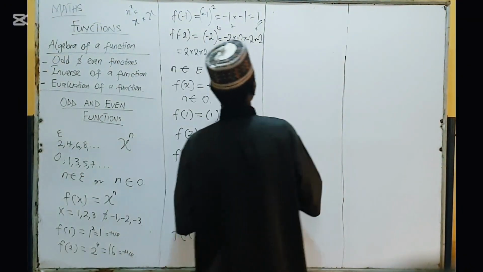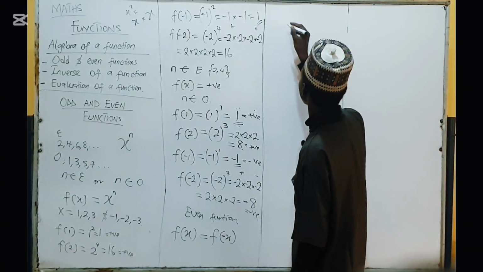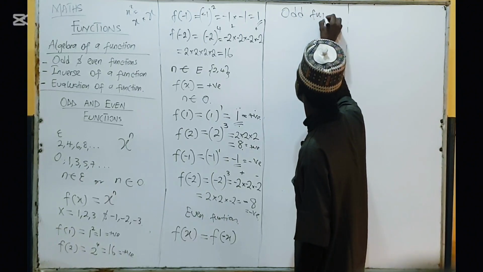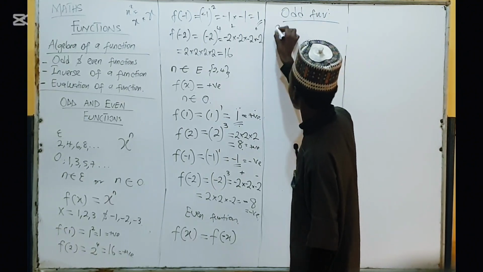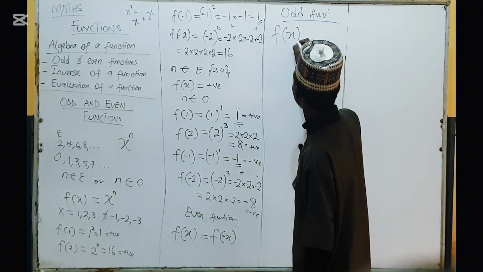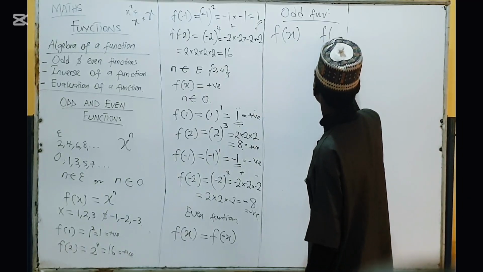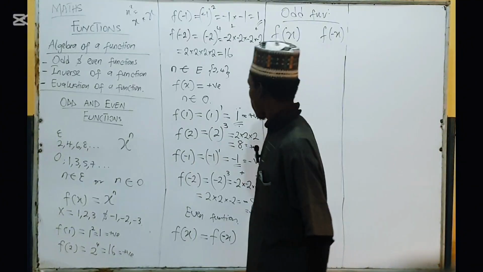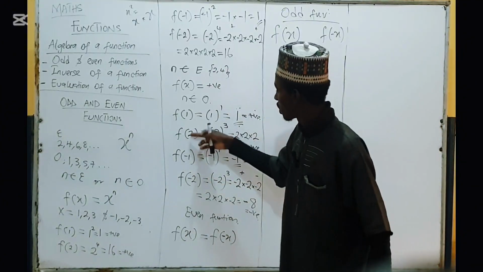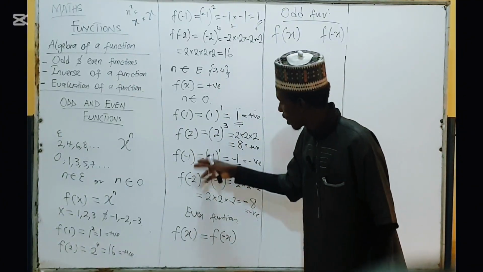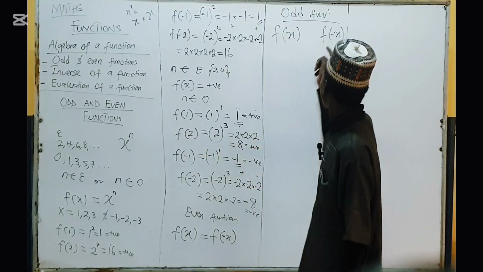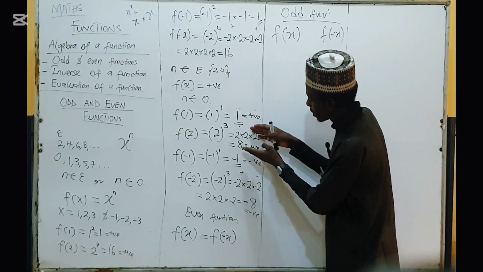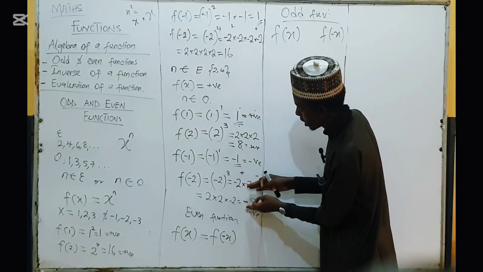Now for the odd functions, what did we observe? Odd functions, what happens for odd functions? When we put f of x and f of minus x, there is of course a relationship between them. For example, when it is f of positive numbers like x and f of negative of the inputs like this minus x, can we see that the output here, the same thing will now become here but negative.